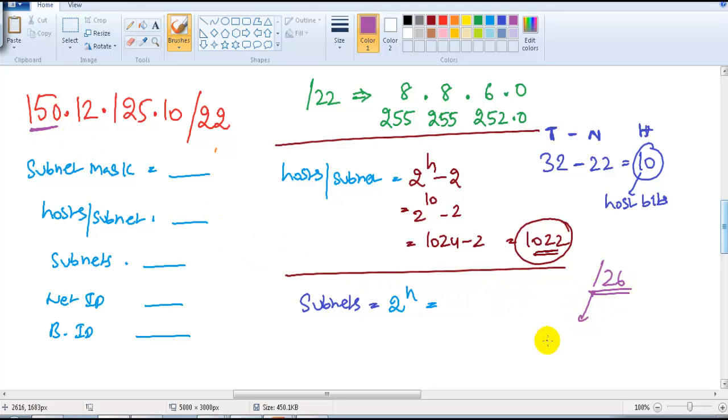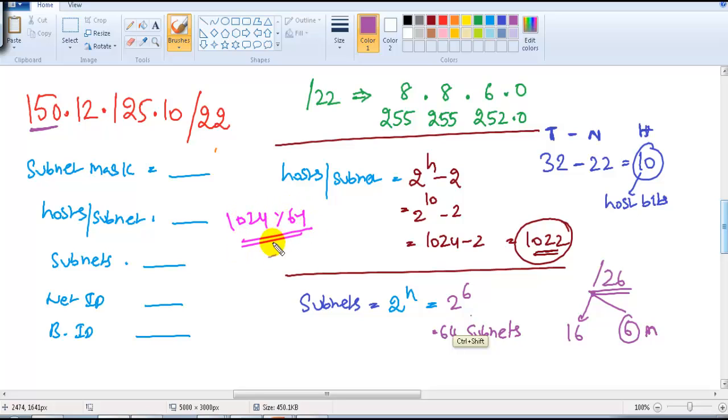This is a B class example, so there are 16 default network bits and 6 converted network bits, since 150 is in the B class range. So 2 to the power of 6 is 64 subnets. If I divide a B class network into blocks of 1024, I get 64 subnets, totaling 65,536 addresses.